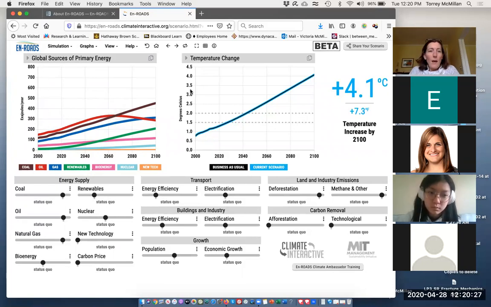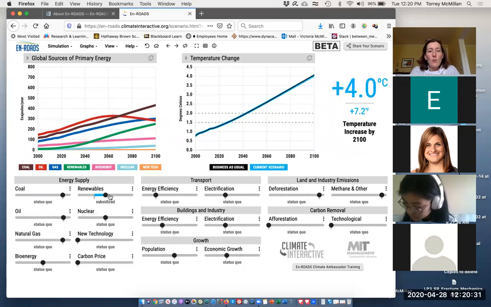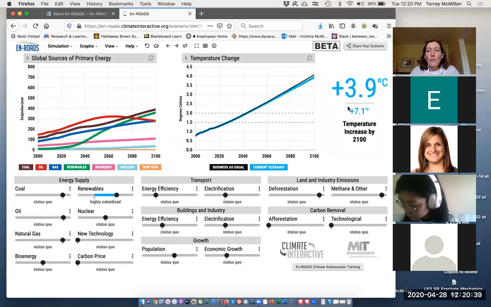It does that by running the simulation of, if we increased renewable energy, what happens to the energy sources profile? You can see those graphs shifting as you go. And over here on the side, you can also see that it tracks the temperature rise.